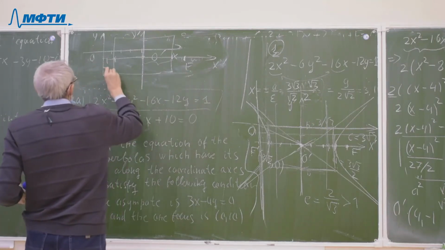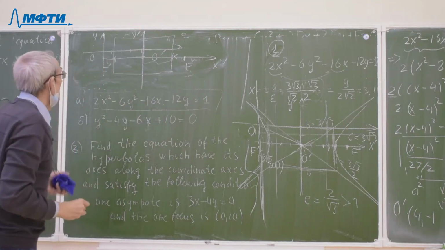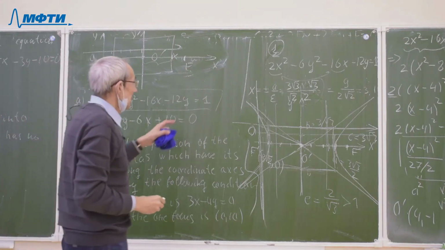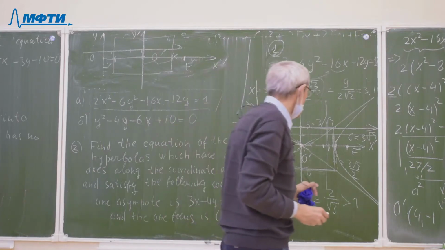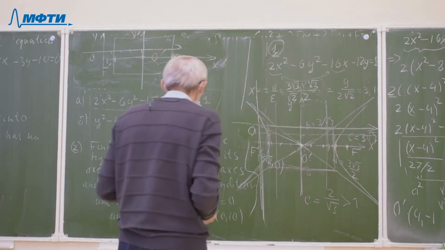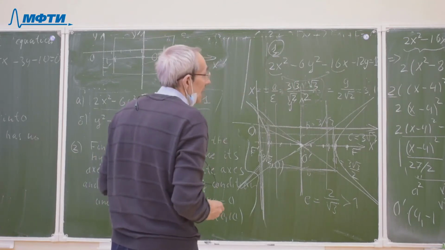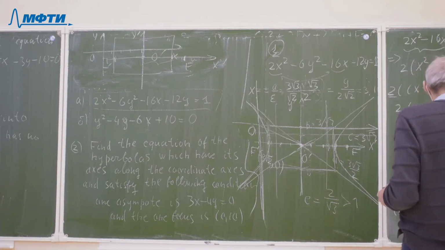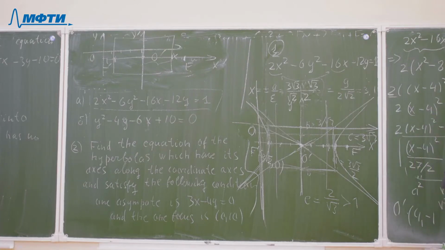I can draw the foci F prime and F, and the coordinates of the foci in the new system are (C, 0).